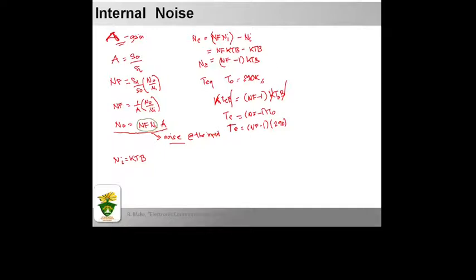Okay, so that is our T equivalent. The result is actually trivial, easy to understand, and expected, because it turns out the T equivalent can be found directly from the noise figure and thus contains no new information about the amplifier.